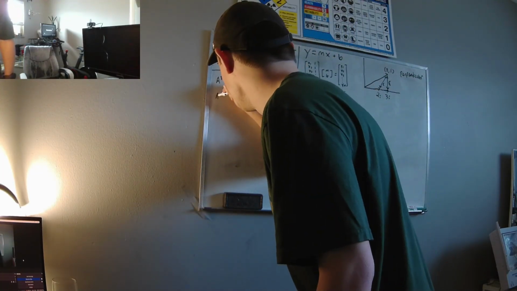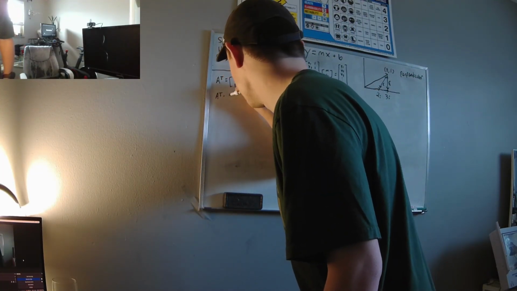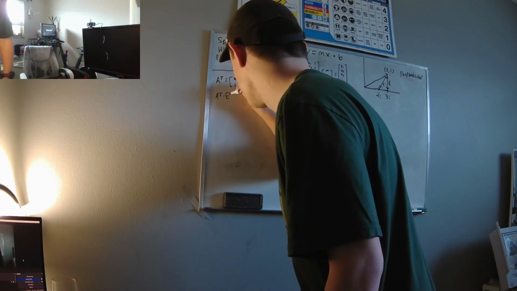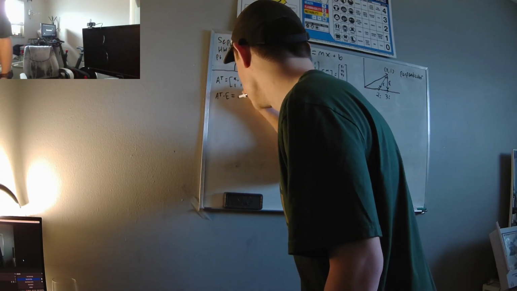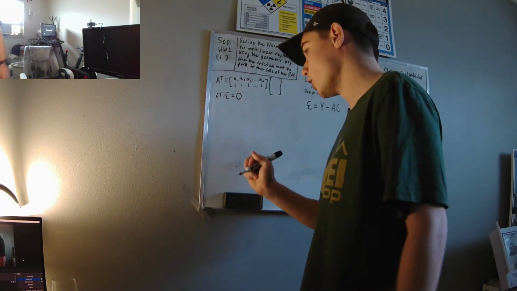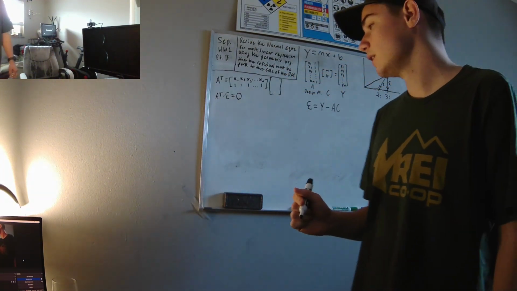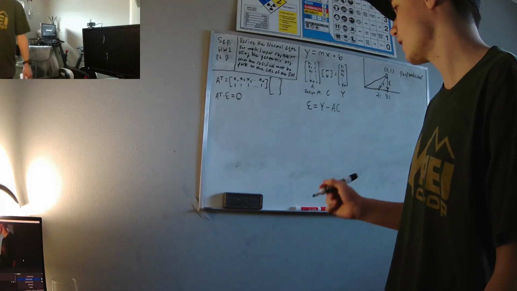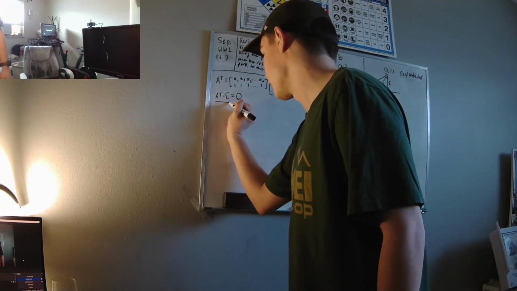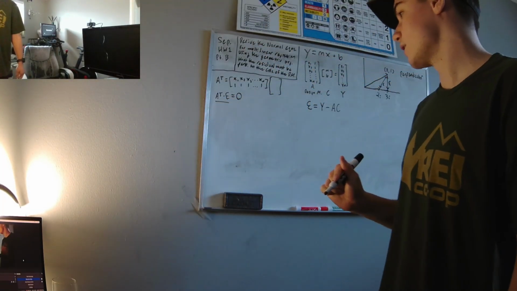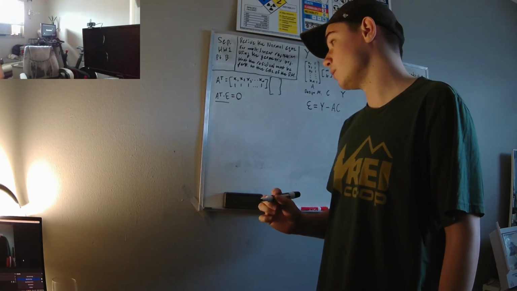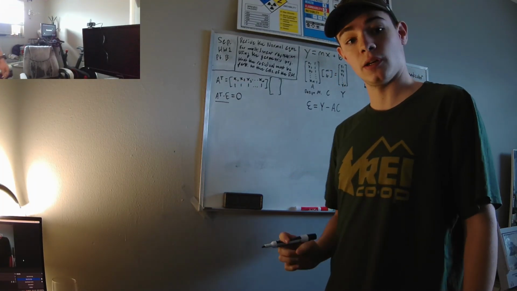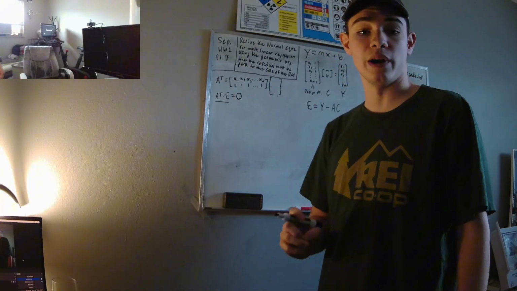And our A transpose times our error vector must equal 0 if the error is perpendicular. That's a consequence of the dot product, because the product of a vector and a vector perpendicular to it must always be 0.